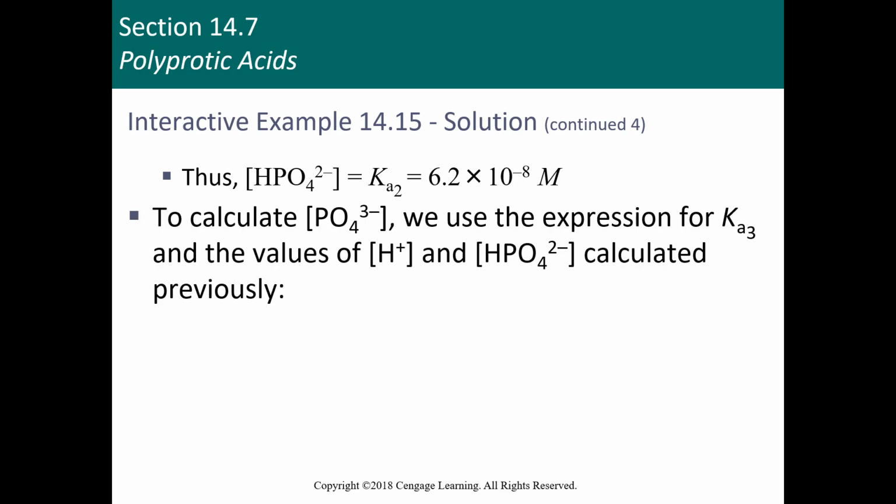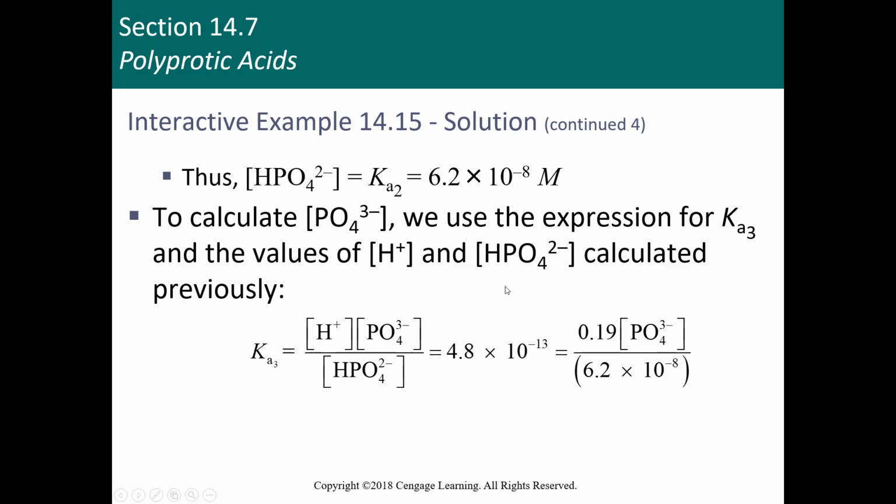So let's calculate the PO4 3 minus. We can use the expression for the Ka3. In this case, we now have the H plus, we had that before, and we have the HPO4 2 minus as well, which we just figured out. And so we again create our expression, H plus, PO4 3 minus this time, and then our previous, which becomes our new acid here, which is HPO4 2 minus.